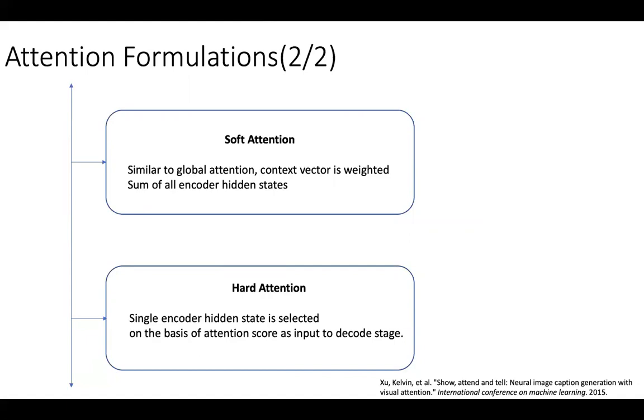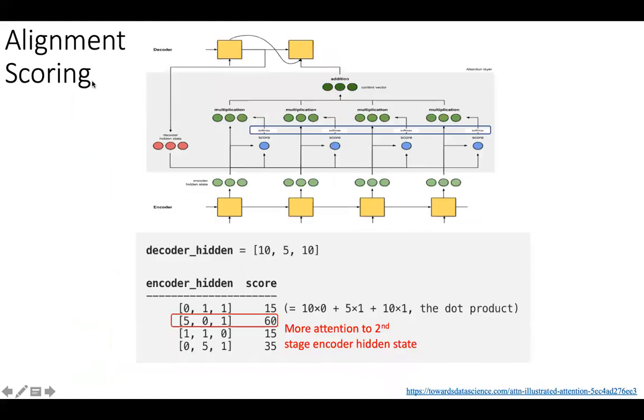So how we compute the alignment score, basically the attention score: suppose this is the encoder layer and this is a decoder layer. These are the encoder hidden states, that is the encoder output for the input, and then for the first decoder stage we provide the last encoder stage output as its hidden state input.